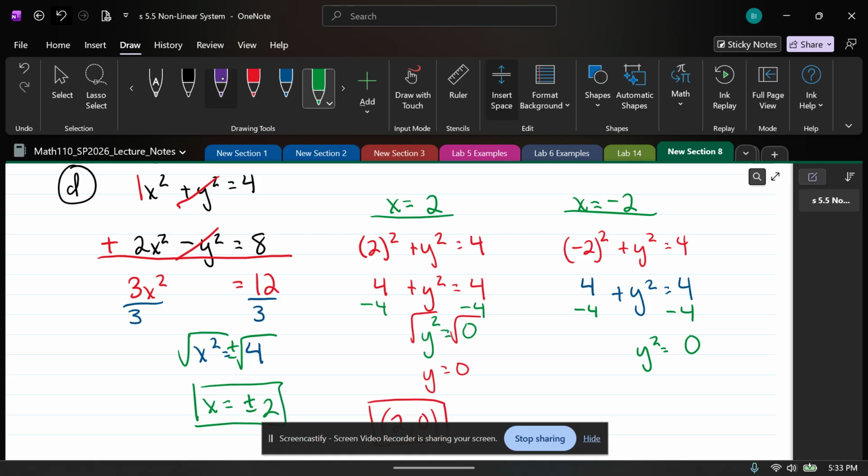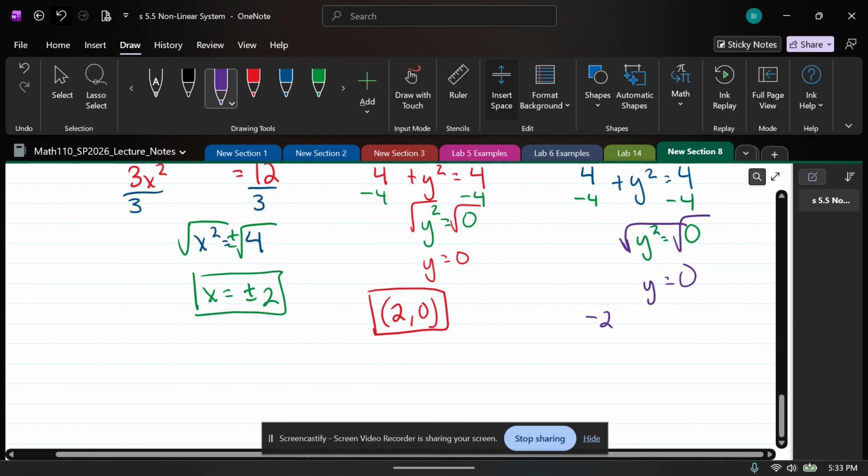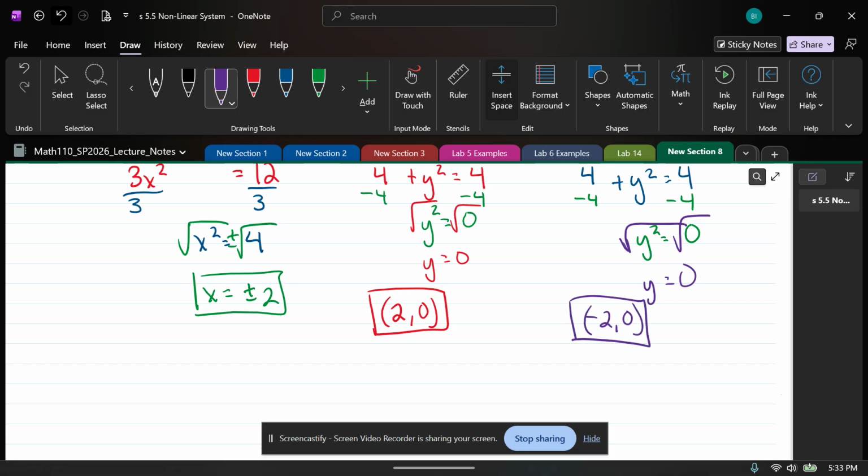We'll take the square root. Y is equal to 0 again. So I have an ordered pair negative 2, 0. I found the two solutions to my system of nonlinear equations. So if there's an elimination that can happen, that's a good method for solving.